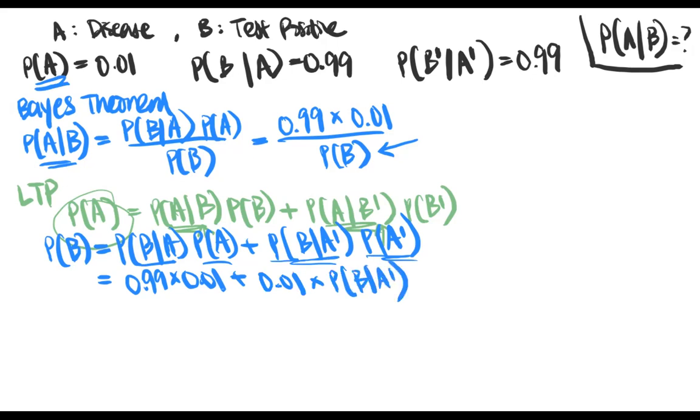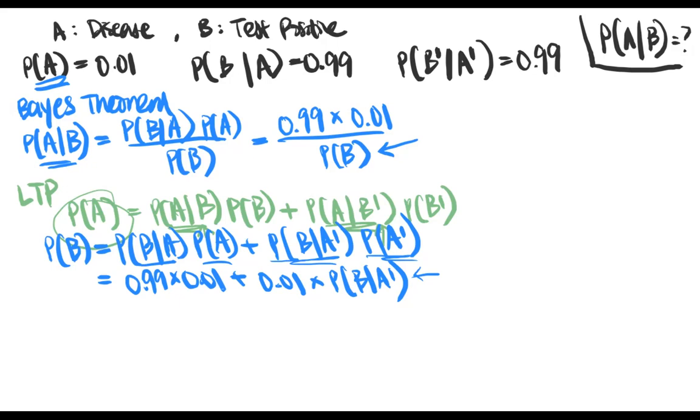Cool. So right now we've gone from not knowing what probability of B is to, okay, we can figure out what the probability of B is if we just had probability of B given A complement. So from here, where do we go? How do we figure out this? 0.99 times probability B given A prime.